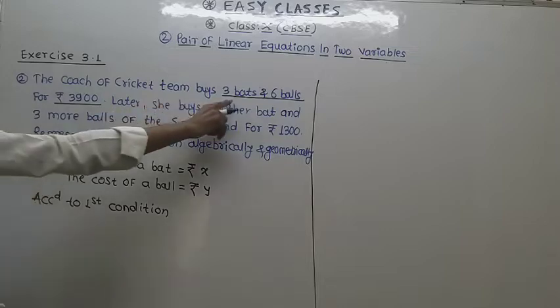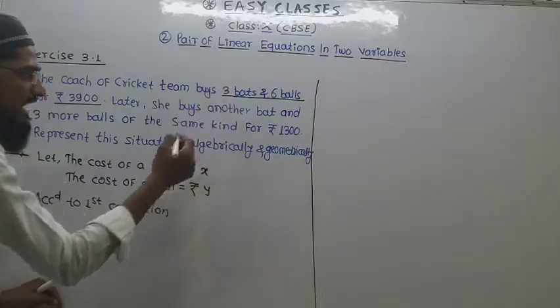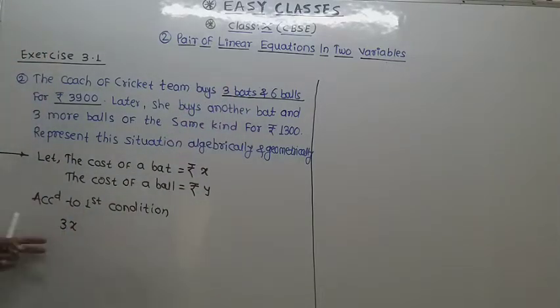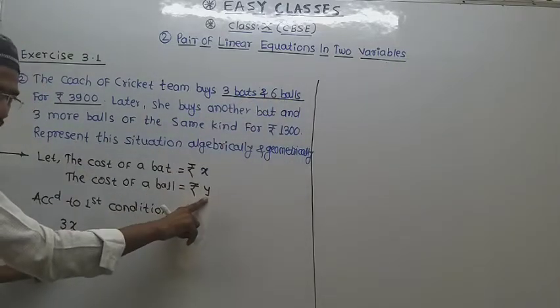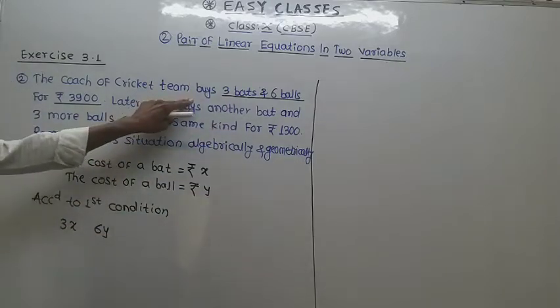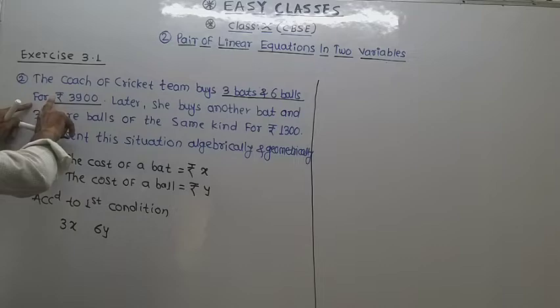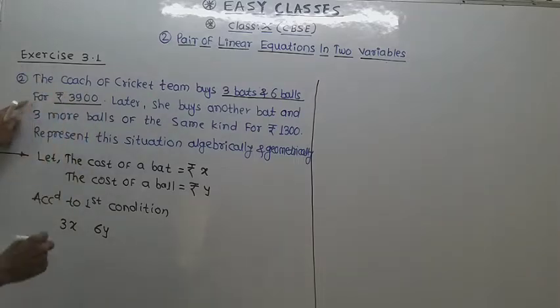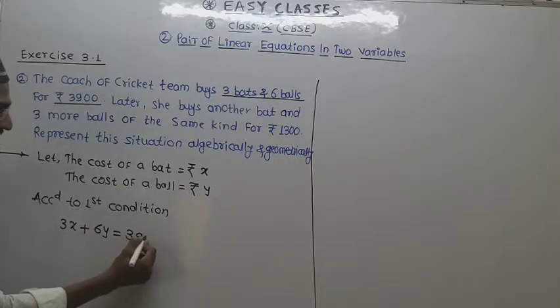Means one bat, we wrote here, is x rupees. So 3 bats are 3x rupees. Very simple. If one bat is x rupees, then 3 bats are 3x rupees. And 6 balls, one ball is rupees y, so 6 balls are 6y. They have bought for rupees 3,900, so both they have taken and paid 3,900 rupees.